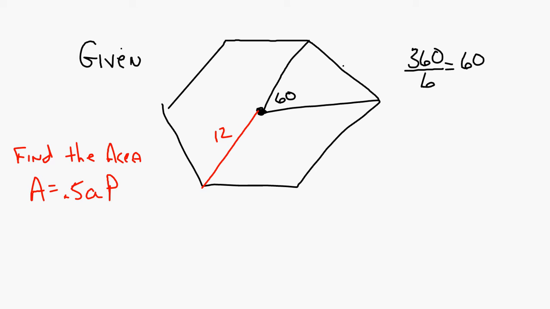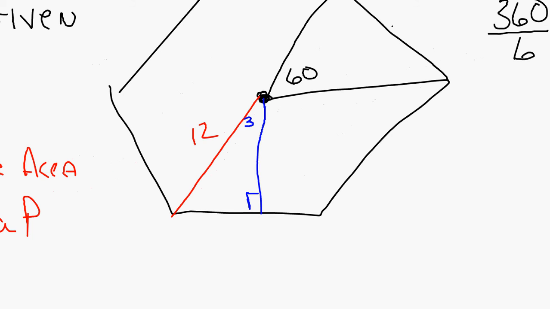So then, if you pencil in your apothem, what does this angle measure up here? This is 30, isn't it? What kind of a triangle is this then? It's a 30, 60, 90.